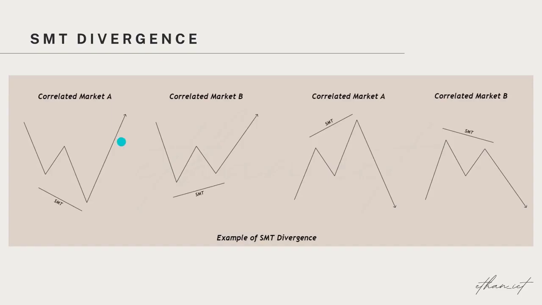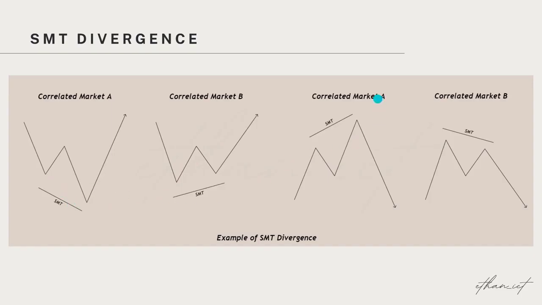So here on the left, once again, you have correlated market A making a lower low. So we're expecting correlated market B to also make a lower low. But in this case, it makes a higher low, right? So that Kraken correlation is what we call SMT divergence.